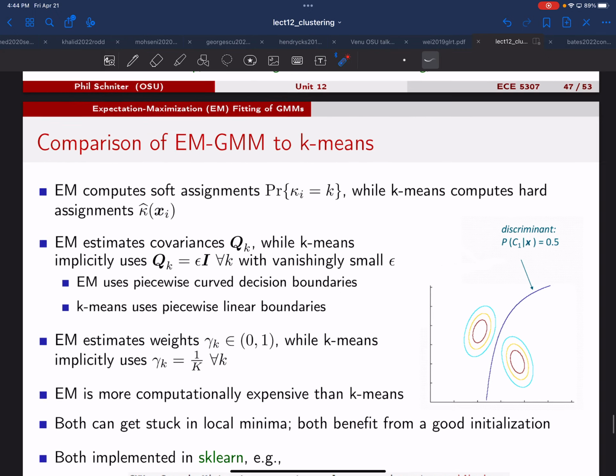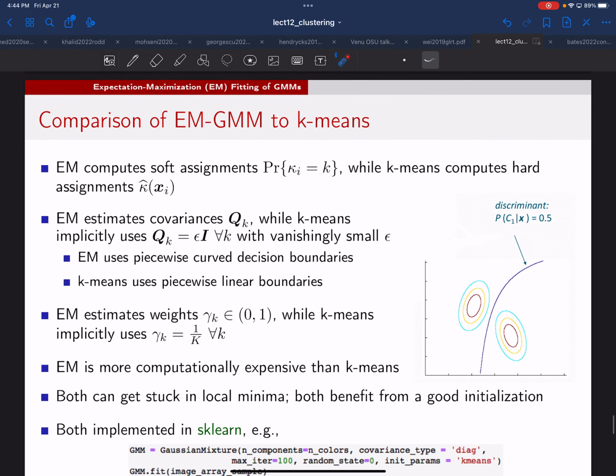Now we have 2 approaches that are similar in many ways, but a little bit different, so let's compare EM, GMM to k-means. One difference is that EM computes soft assignments, probabilities for every point, whereas k-means computes hard assignments, just one cluster index for every point. So EM is giving you more nuanced information.